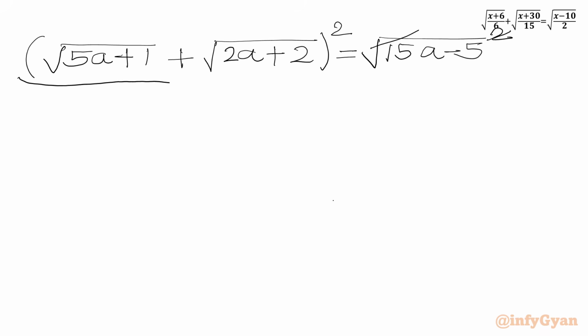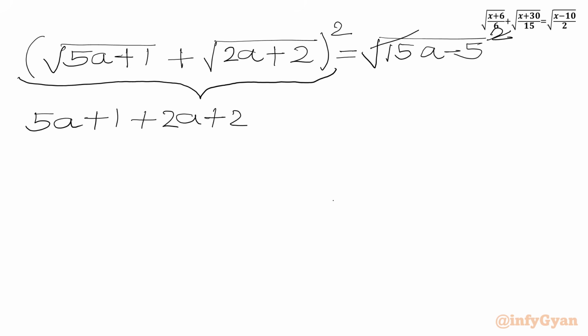We'll be using the a plus b whole square identity in LHS. And we can write square of square root 5a plus 1 is 5a plus 1. Square of square root 2a plus 2 we'll get 2a plus 2 plus 2 times square root of 5a plus 1 times 2a plus 2.